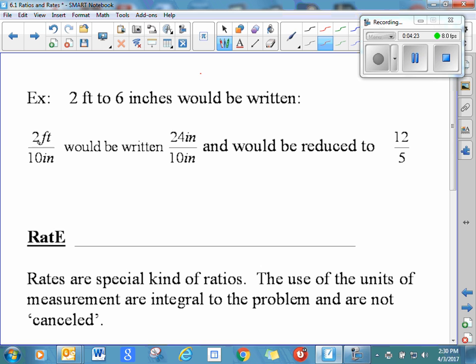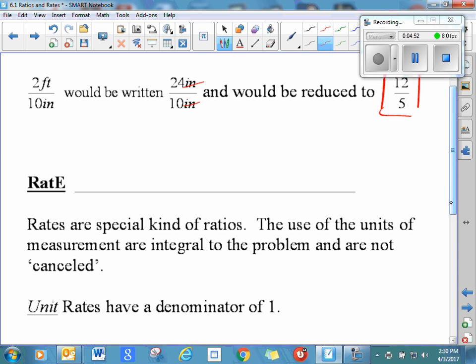Instead of writing 2 feet, there's 12 inches in a foot, you could say, okay, well, that's the same as 24 inches, and now my inches would cancel, and my 24 and my 10 have a common factor as well, which is 2. So my final reduced ratio is 12 to 5, 12 over 5. No units because they've canceled.